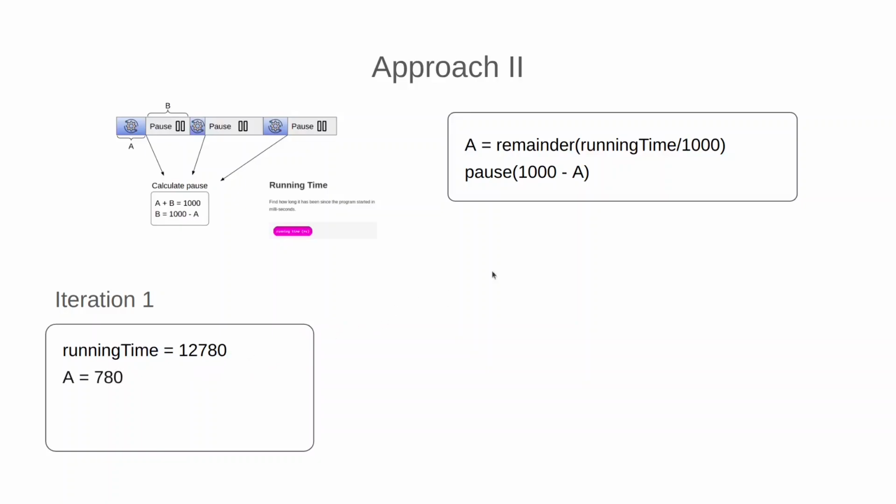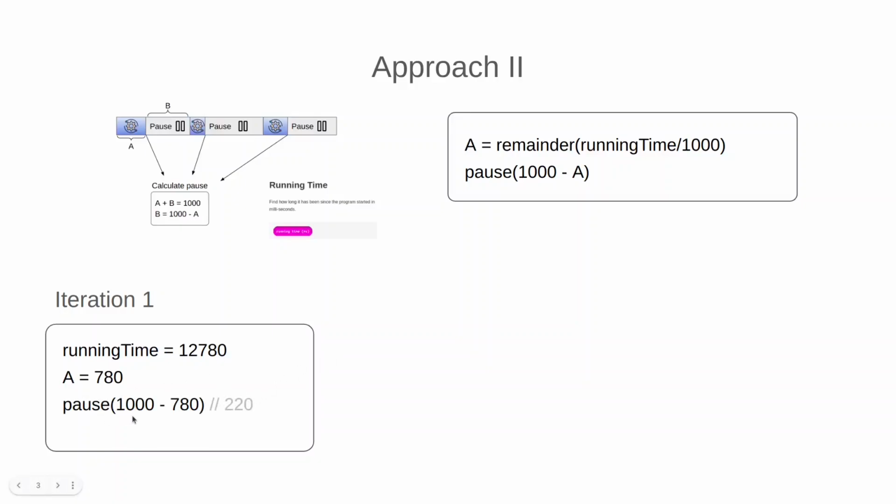12,780. A is 780. If you take a close look, you will see that it is actually the last 3 digits, and it makes sense, because what is the remainder of something divided by 1000? It is whatever are the last 3 digits.